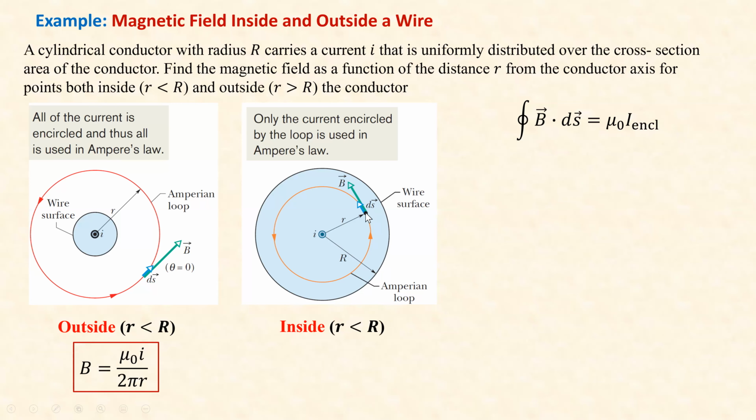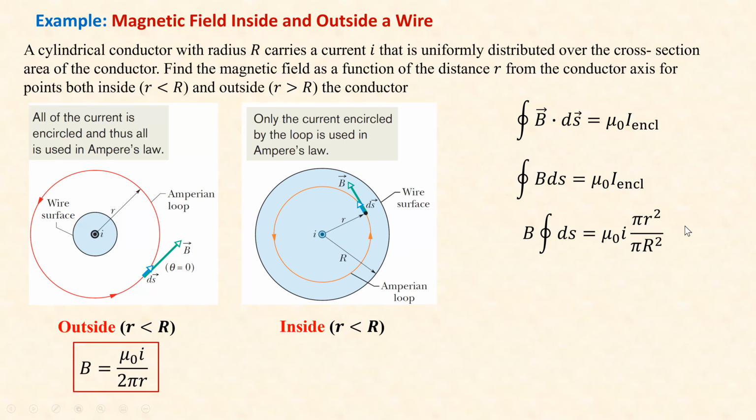There's no difference between this point and this point, or this point. Physically, there's no difference. So first B dot ds becomes B times ds, and then B is the same along any point on this loop, so it can come out of the integral.